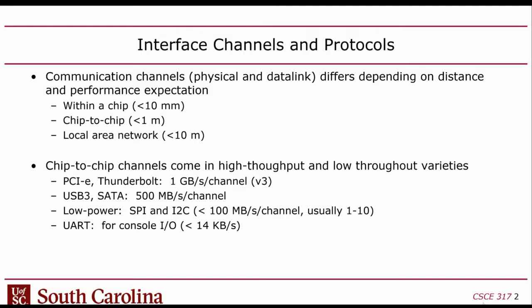So there's a trade-off between throughput, whether you want 500 megabytes to a gigabyte per second per channel, or low latency, where you lose throughput. You're restricted to about 100 megabytes per second per channel, but you get faster latency. So SPI and I2C are ideal for doing control, where you're worried about latency.